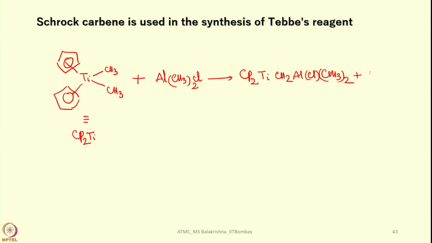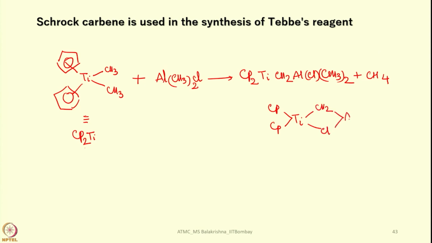Plus one molecule of methane comes out, and of course, you may be curious to know the structure of this one. The structure will be something like this. We have one methylene bridge and also one chloride bridge.